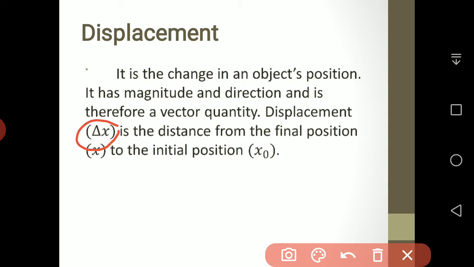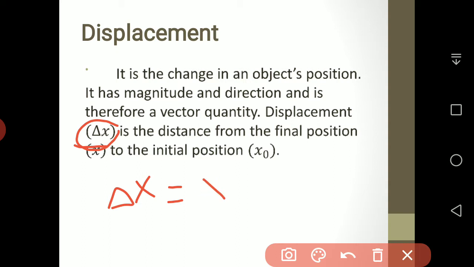So magsisimula lang tayo sa horizontal motion. Pag change in x, horizontal motion lang muna pag-aaralan natin. So basically, change in x is equal to the distance from the final position to the initial position.